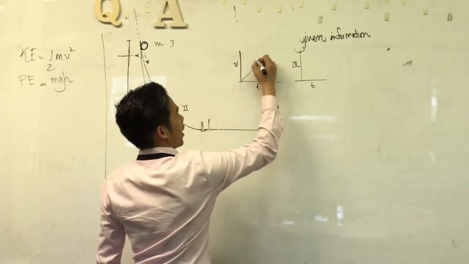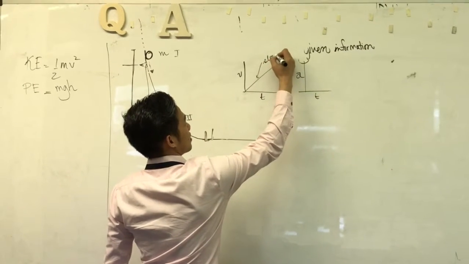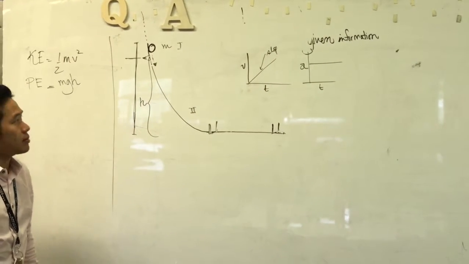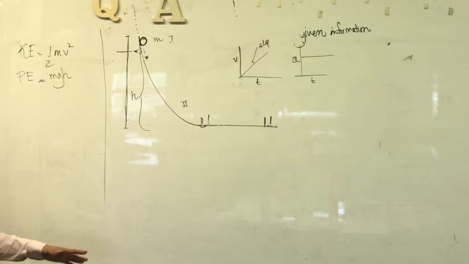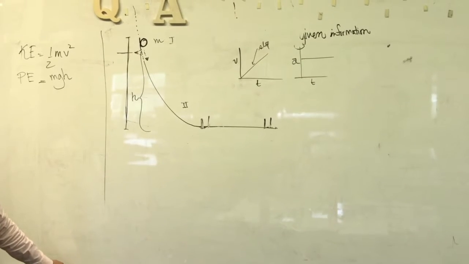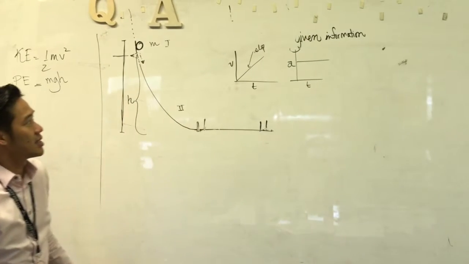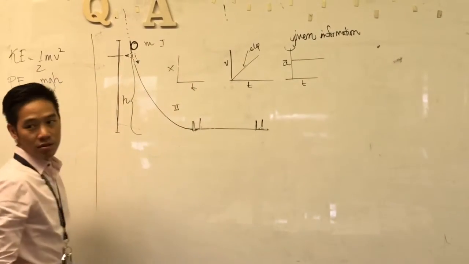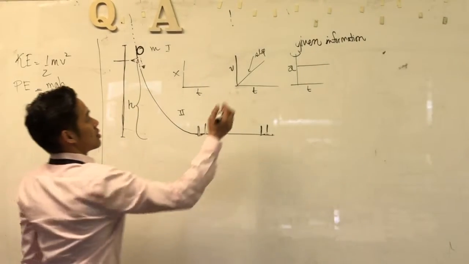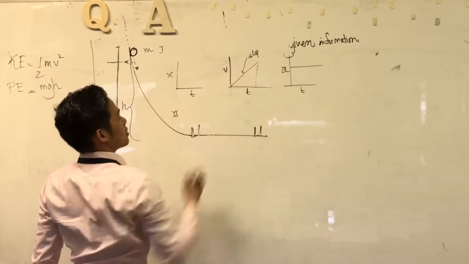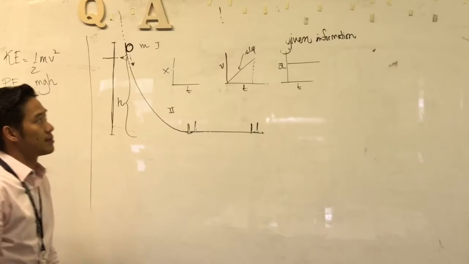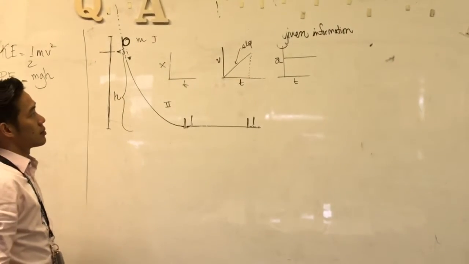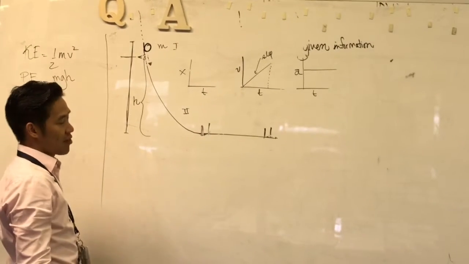Remember when you get the slope of this, you get the acceleration, you gain the speed. If you want to figure out the distance from this graph, how would you do it? You do the velocity times the time, which is the area under the curve.